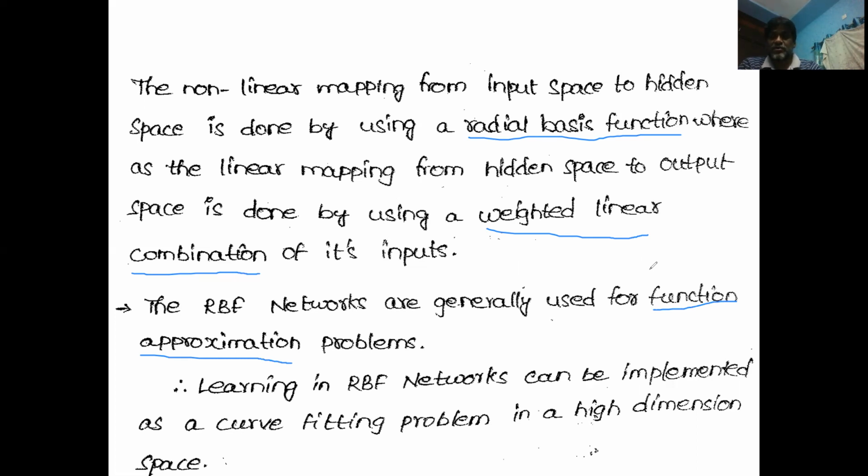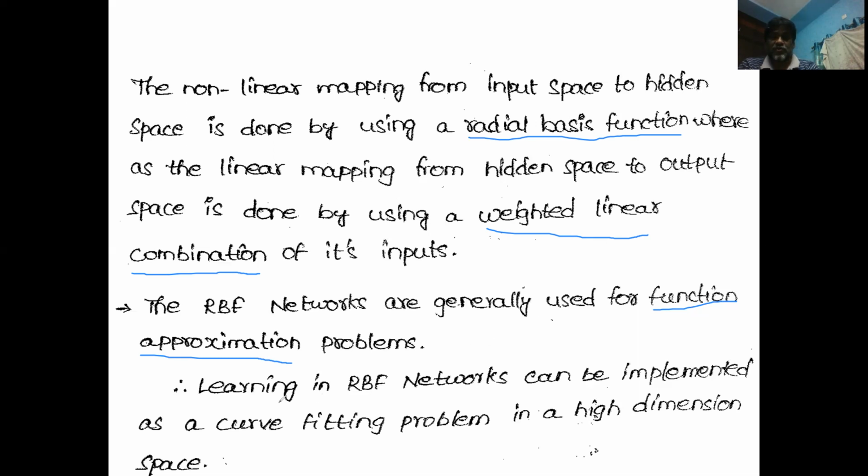Basically, RBF neural networks are best suited for function approximation problems where we identify a function f of x that maps the input x to a particular desired response di.